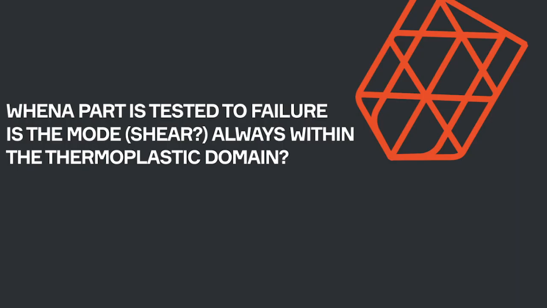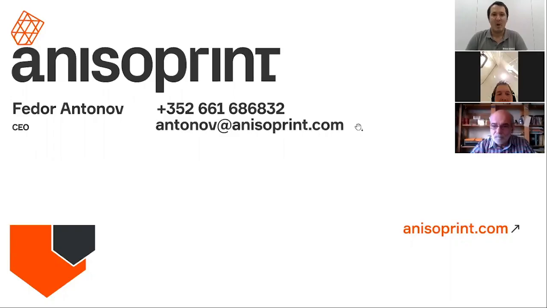Next question: when a part is tested to failure in the mold shear, is it always within the thermoplastic domain? When we test samples in bending, in many cases it's still the fiber failure.